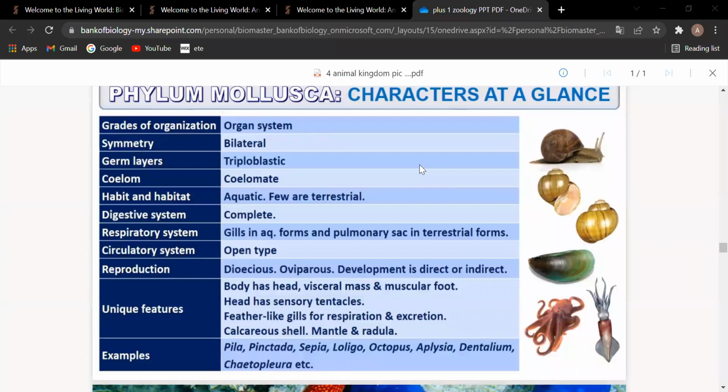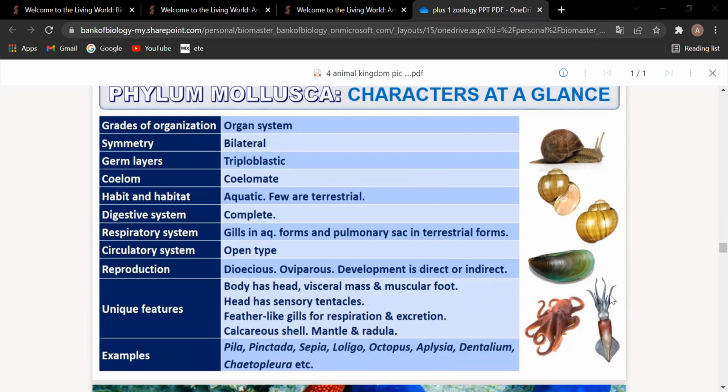Unique features: the body has a head, visceral mass, and muscular foot. It has sensory tentacles. See, here you can see this. They have got sensory tentacles, very clearly you can see this, right? Feather-like gills for respiration and excretion. Calcareous shell.